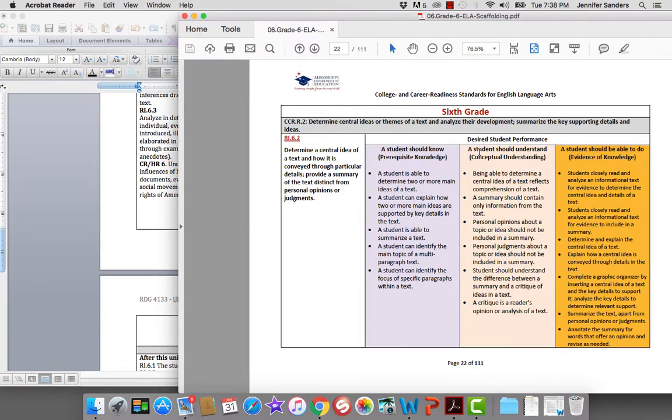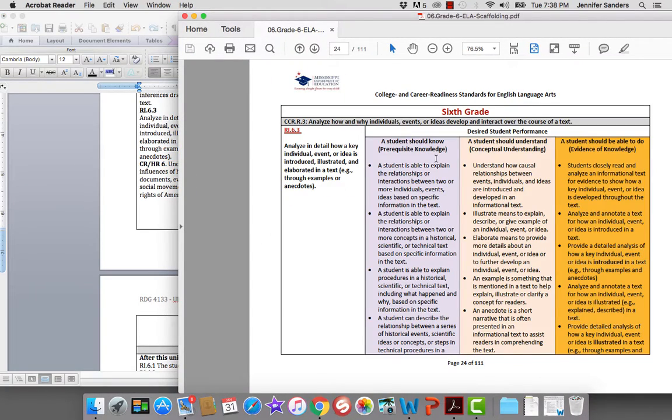So going back, what do I want to work on here? Standard 3, look here. Close reading informational text using evidence. That's what they're going to be able to do. But look over here. Understand how causal relationships between events, ideas, and individuals and ideas are introduced and developed within the informational text.